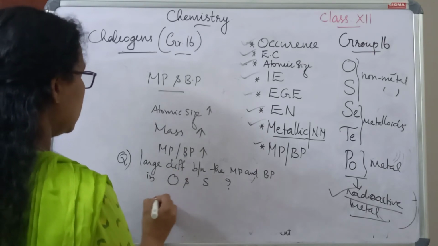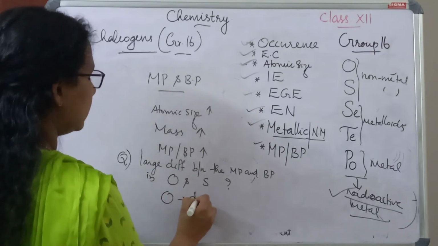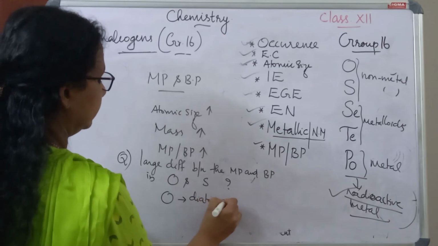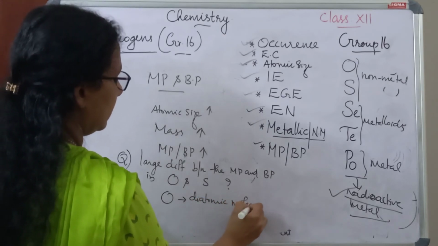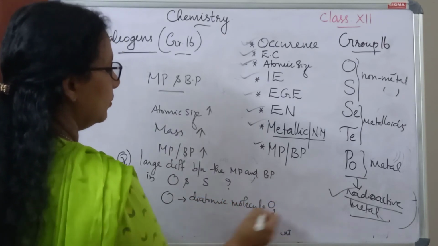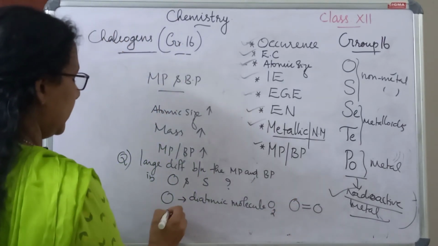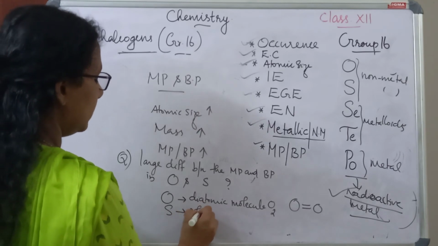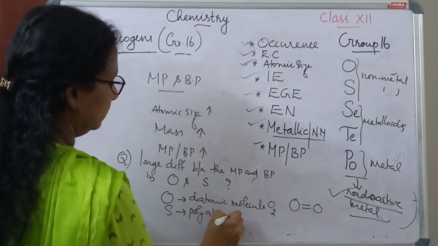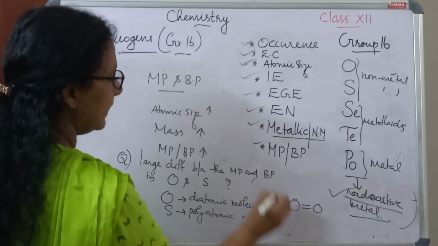The large difference is due to oxygen being a diatomic molecule, O2, like this, O double bond O. But sulfur is a polyatomic molecule, S8.